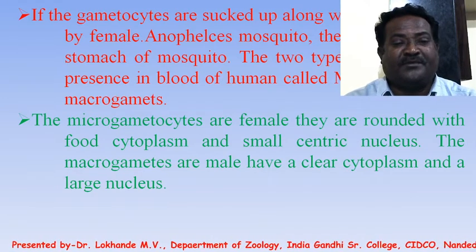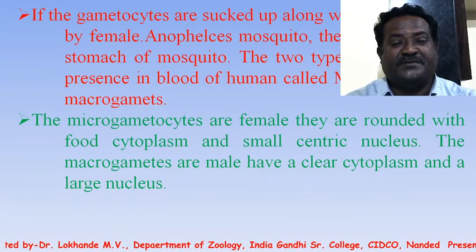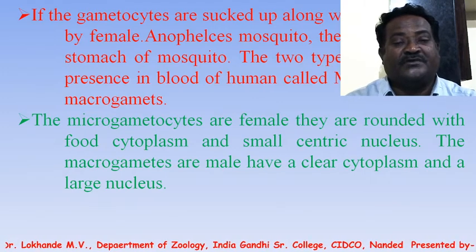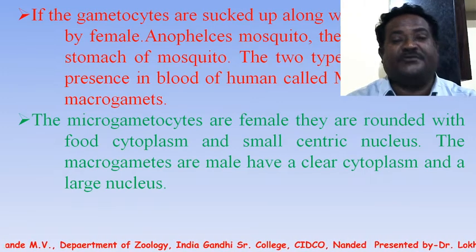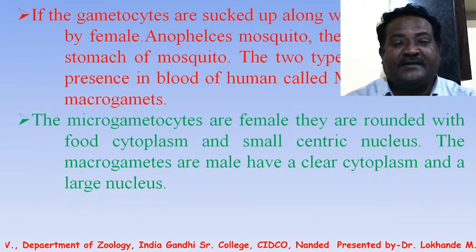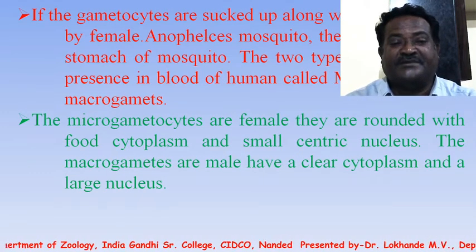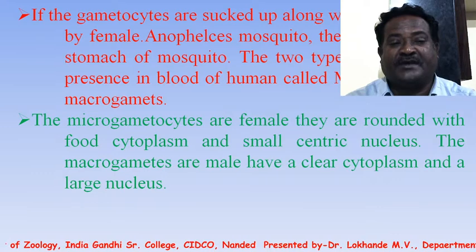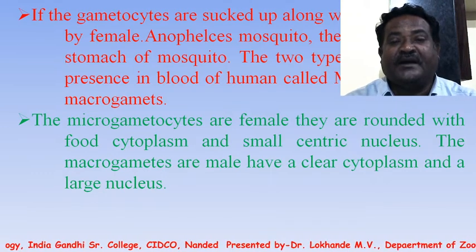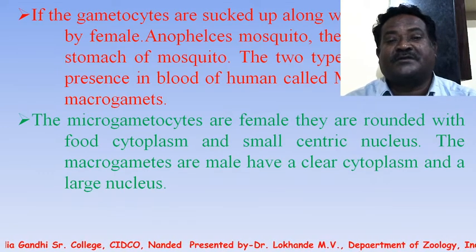So at the time of biting, the female Anopheles mosquito sucks the blood of the human being. At that time, these two gametes, the microgametes and the macrogametes, are taken into the stomach of the mosquito.